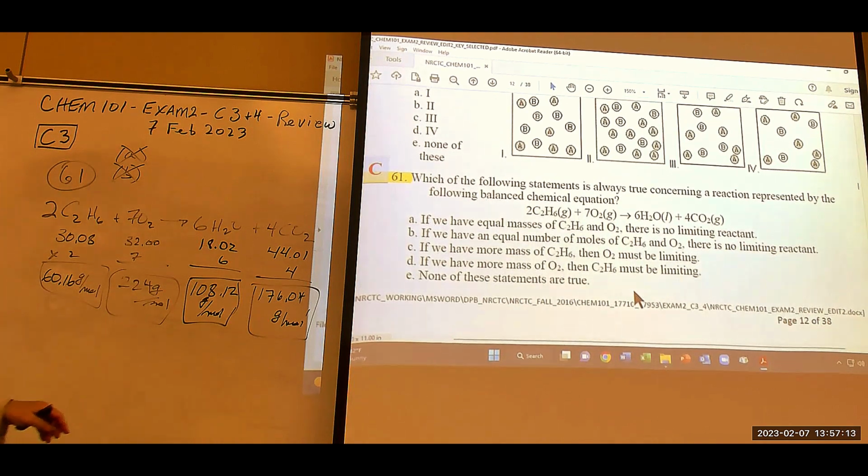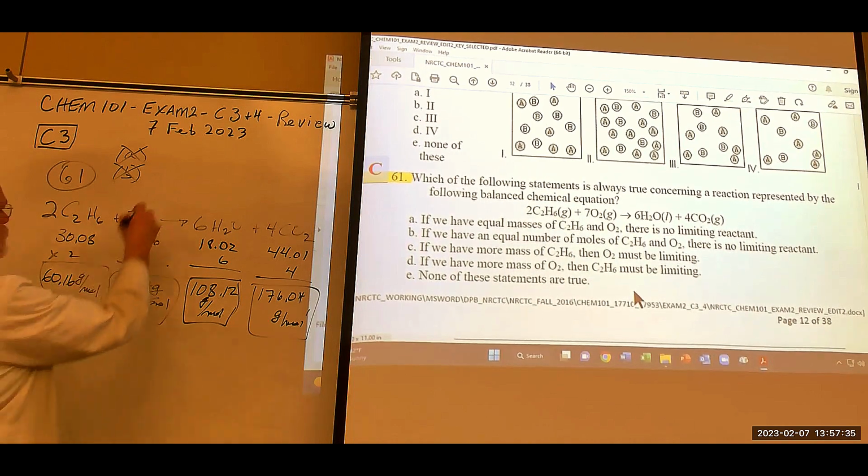How about C? If we have more mass of C2H6 than O2, then O2 must be limiting. That should be "than," not "then." No, I guess it is. If we have more mass of this than that, yes, C is true.